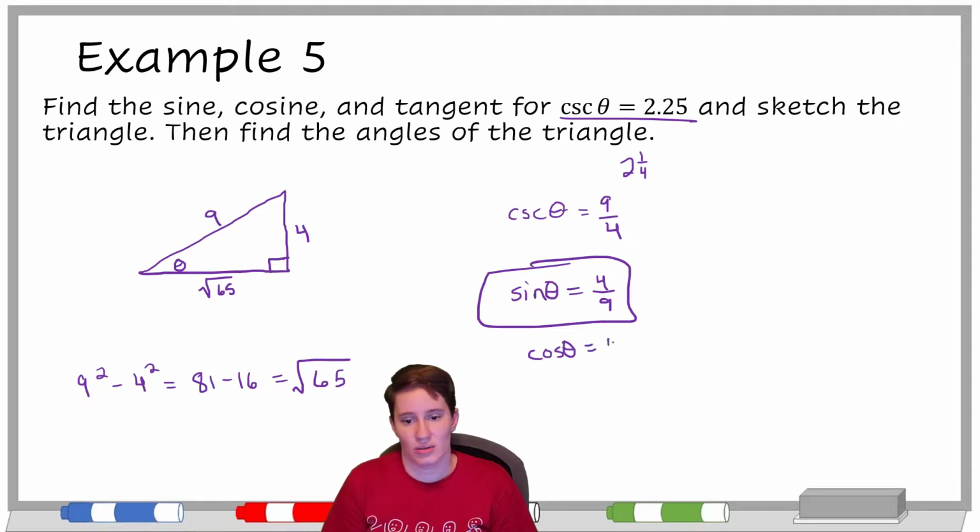Cosine would be square root of 65 over 9 because it's adjacent over hypotenuse. Tangent would be opposite over adjacent, which is 4 over square root of 65, but we will rationalize that, which gives us 4 square root of 65 over 65.